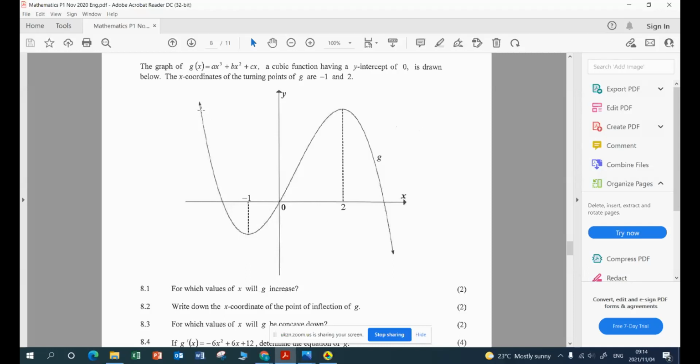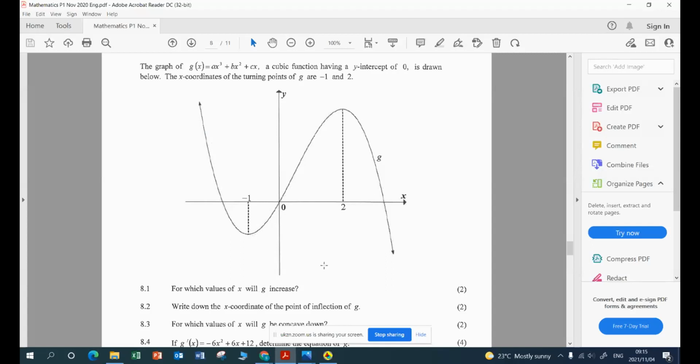Now, if you start on the extreme left-hand side, x is less than -1, the function decreases to a stationary point which is a minimum. Then it increases. So from -1 up to 2, the function increases, reaching the maximum there, and then it decreases.